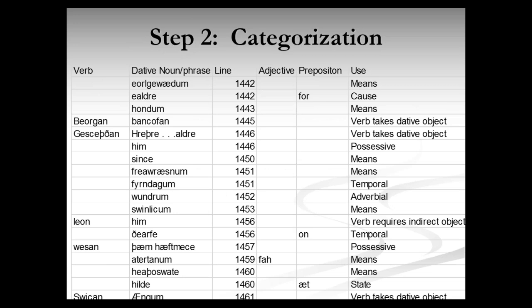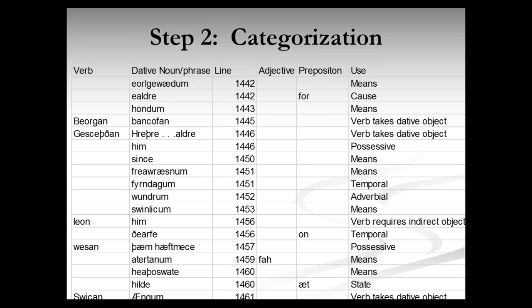So after identification, the next step was categorization. For this, I have a spreadsheet. It could easily be imported into some kind of database software if the right kind for the usage is found.